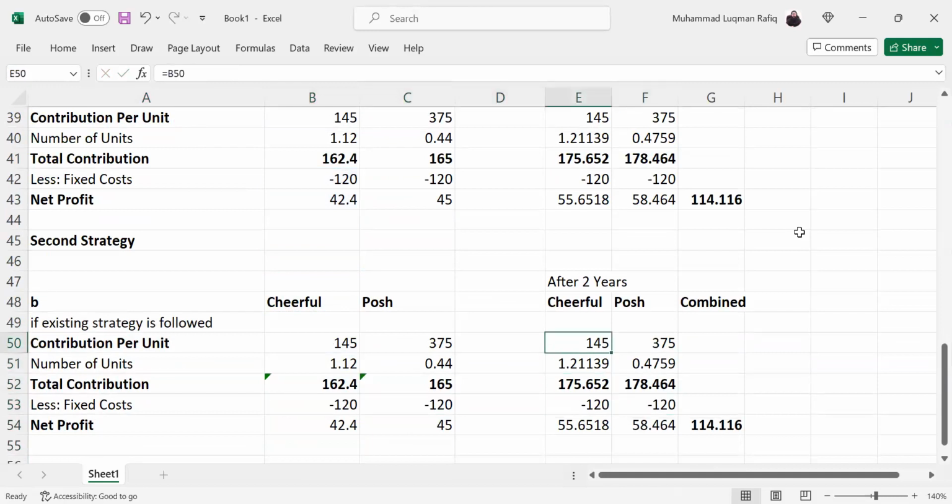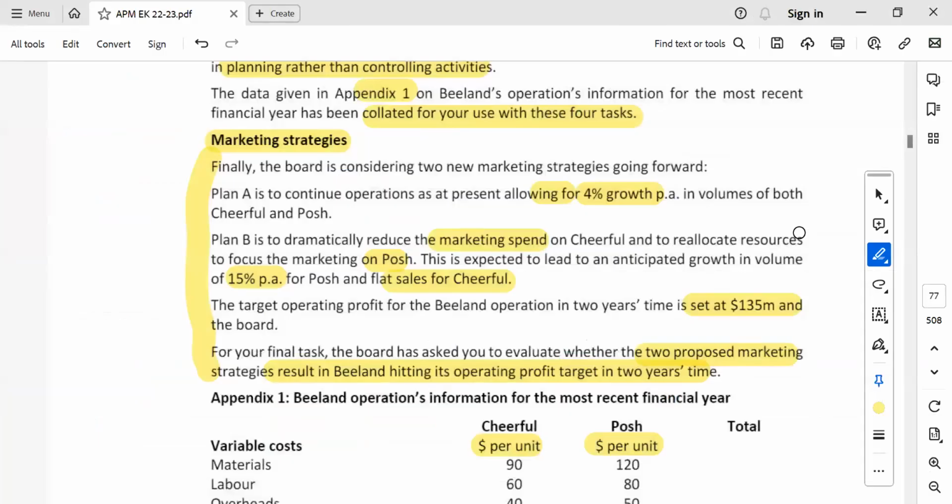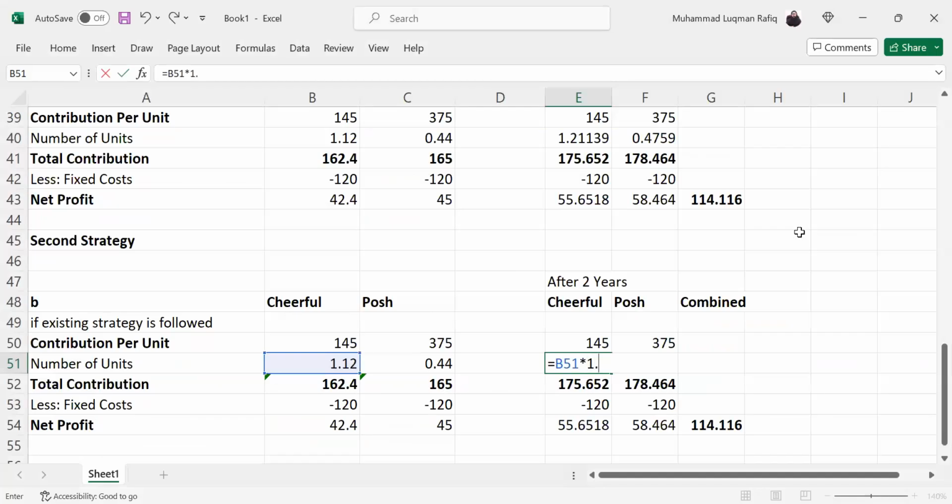Okay, the second strategy is going to be, you would say that this number of units has to be 1.0.